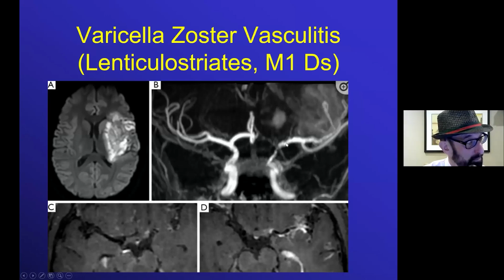The proximal M1 is narrowed. We don't have a good puff of smoke to say that this is moyamoya, but this could be a manifestation that could lead to moyamoya disease. And then with the contrast enhanced black blood imaging, you see the enhancement on both sides of the vascular wall, a little bit eccentric, I give you, and also in the meninges.